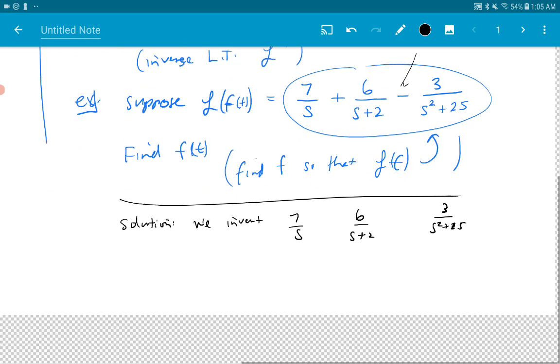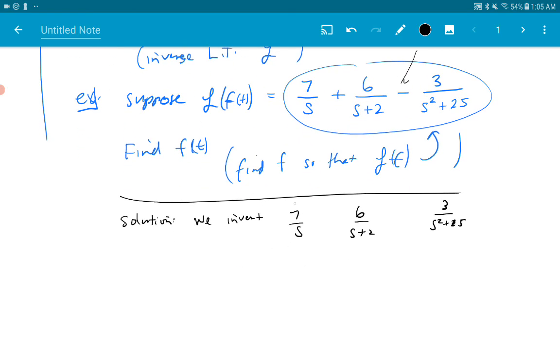Also, because of the 7 over s, we could pull the 7 out. So what function's Laplace transform is equal to 7 over s? That one should be a pretty easy one.